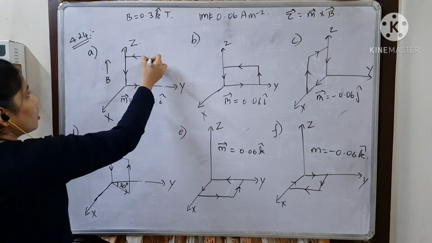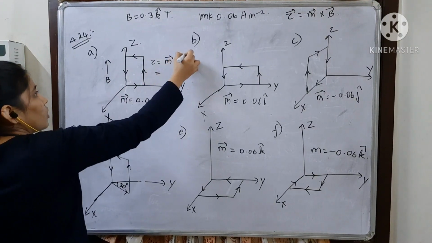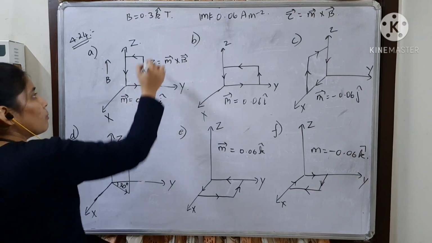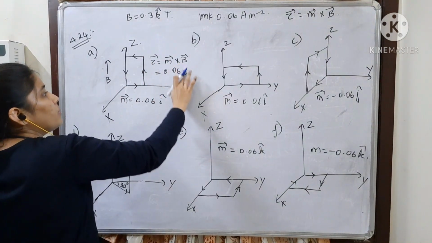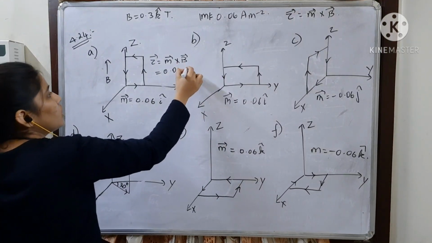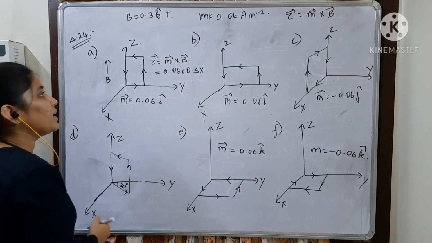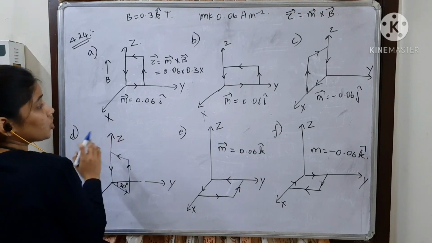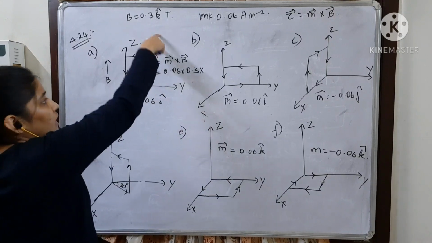Here the torque is M vector cross B vector. What is the magnitude? It is 0.06 into B vector, and B vector is equal to 0.3 multiplied by the direction. So this is I cap cross k cap.